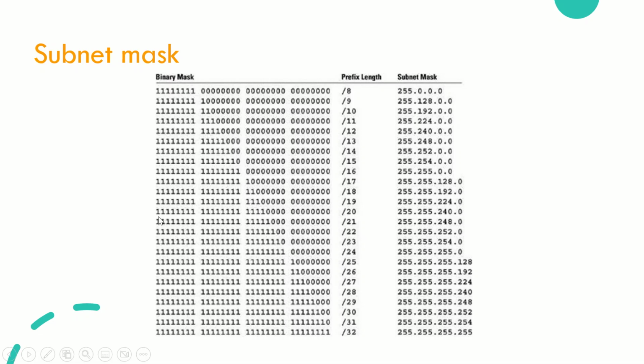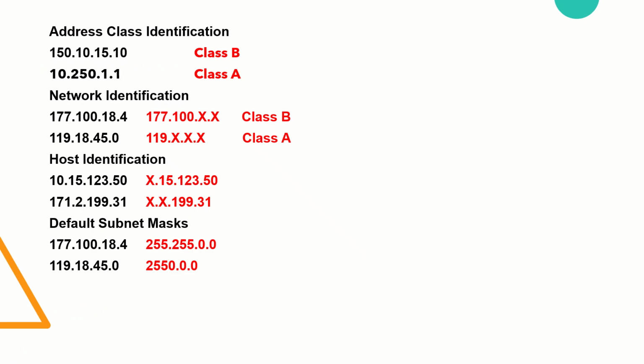And this is the binary mask. With the binary mask, I have shown how to calculate these numbers 255, 255, 240, and 0. You can use this table for subnet mask calculation. And we have an example here.